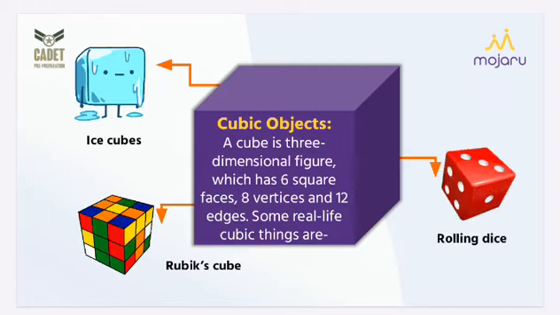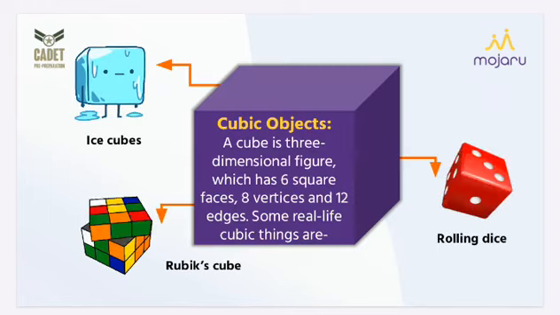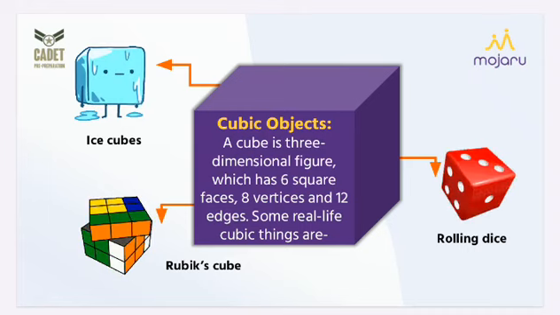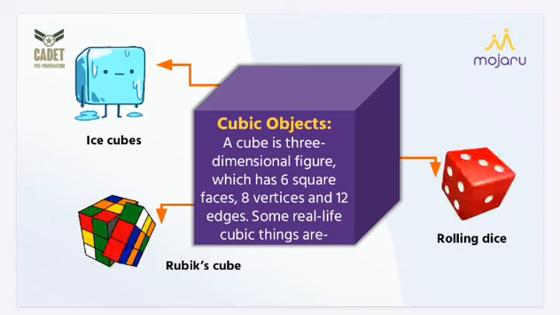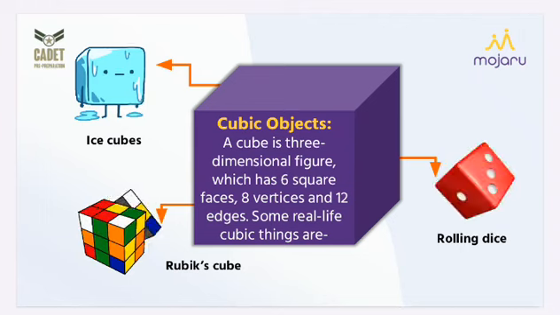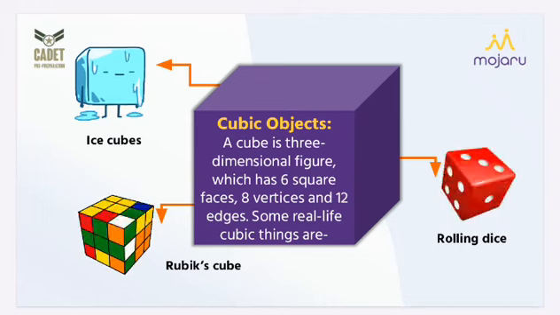Cubic objects. We know that a cube has volume. Instead of a square, it has volume, so it creates a three-dimensional shape. Ice cubes, Rubik's cubes, and rolling dice are all cubic shapes. A cube has 6 square faces.